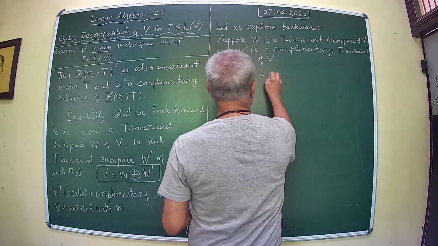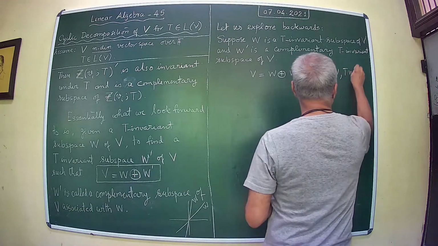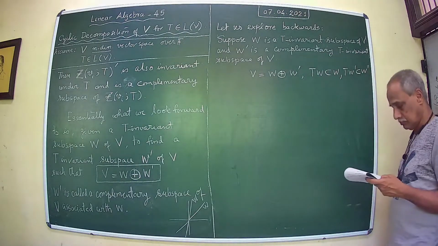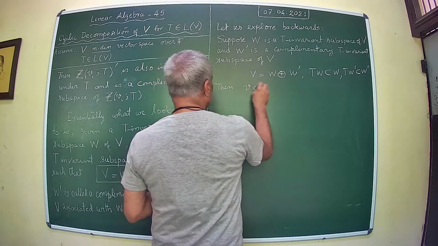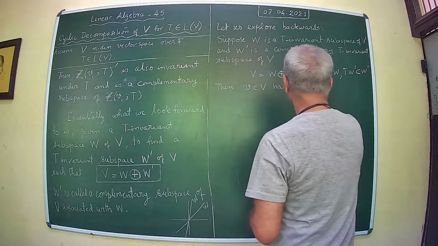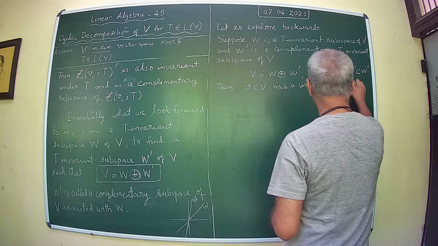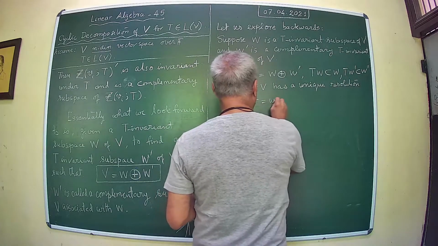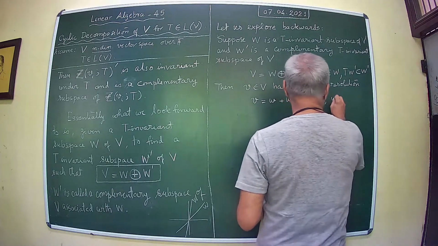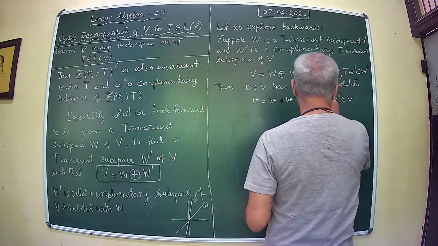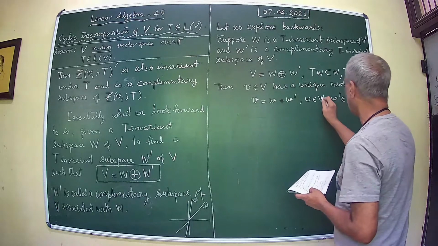That is, V is equal to W plus W prime, with TW contained in W. Then any v belonging to V has a unique resolution, v equals w plus w prime, with w belonging to W. Now this is a unique resolution of v. Okay.